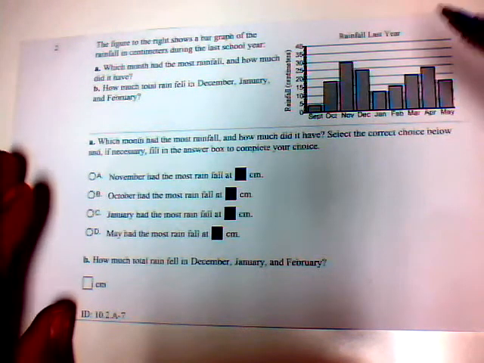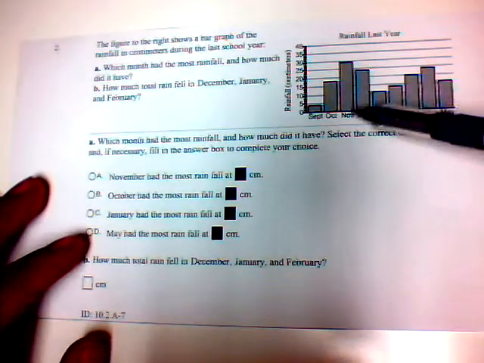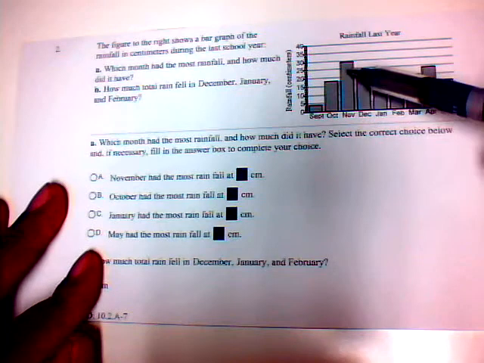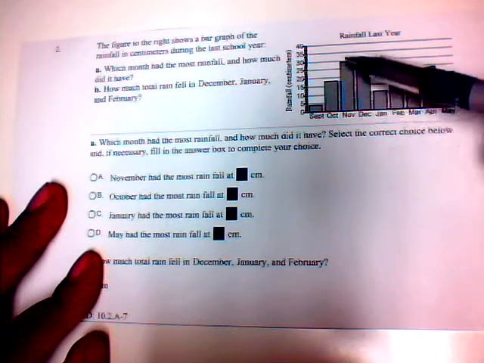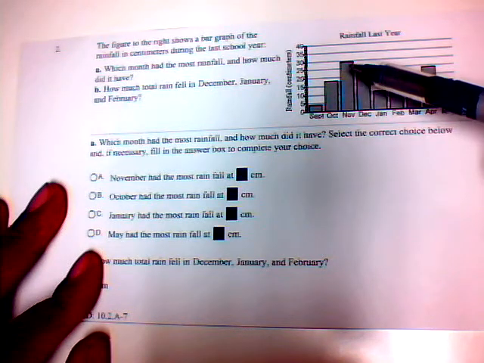Okay, so looking at this particular bar graph, we can see the one with the tallest bar is the one that had the most rainfall. In this case, it's the month of November. So we say that November had the most rainfall. And then the question is, how much did it have?